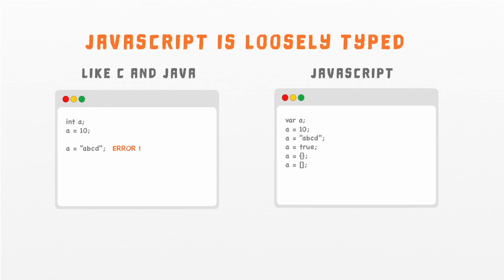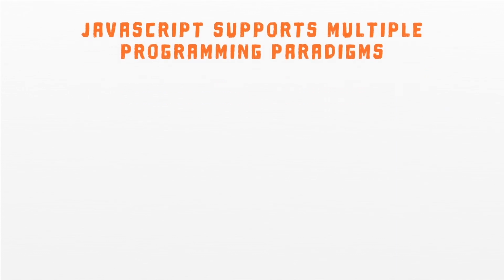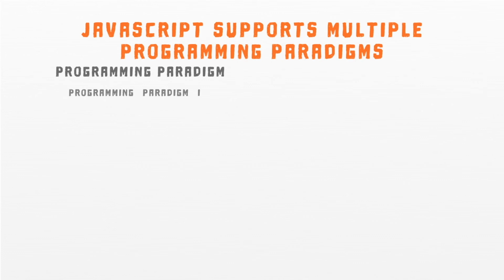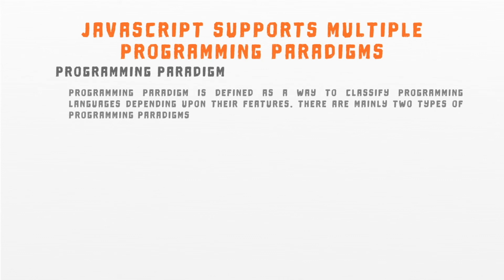And now let's see how JavaScript supports multiple programming paradigms. To see this, let's begin with what is a programming paradigm. A programming paradigm is defined as a way to classify programming languages depending upon their features. There are mainly two types of programming paradigms. They are imperative and declarative.